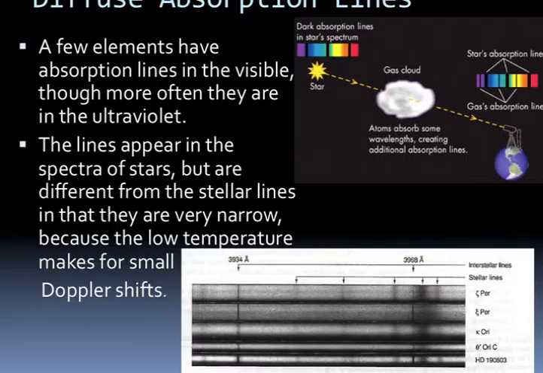The lines appear in the spectra of stars, but are different from the stellar lines in that they are very narrow because the low temperature makes for small Doppler shifts. So the interstellar lines are very sharp in between all these stars that are close together. The stellar lines might be more diffuse. So we can see which ones are the lines from the material between us and this group of stars.